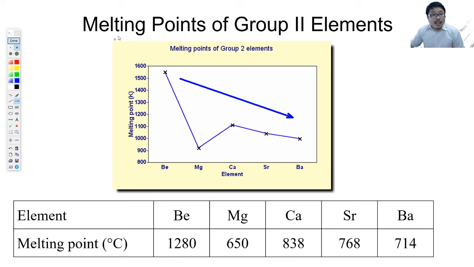Now you may ask, there is a certain anomaly here where this one drastically increases, right here. Don't worry about magnesium. This is what we call an anomaly. So the biggest idea why melting points of group 2 elements decrease, if you want to know the reason, is that the metallic bonding becomes weaker and weaker.